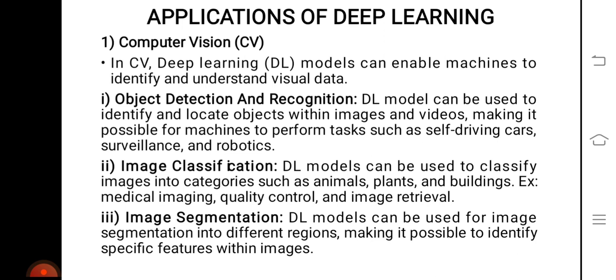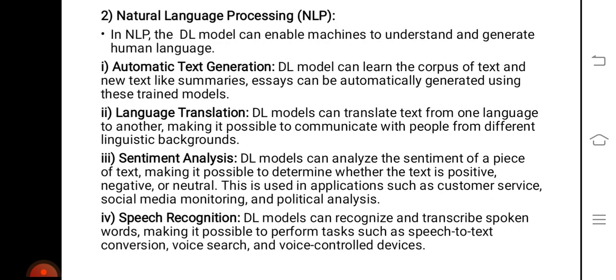Computer vision: object detection, recognition, image classification, image segmentation. The second application is natural language processing: automatic text generation, language translation, sentiment analysis, speech recognition. For all of these, we use deep learning models.